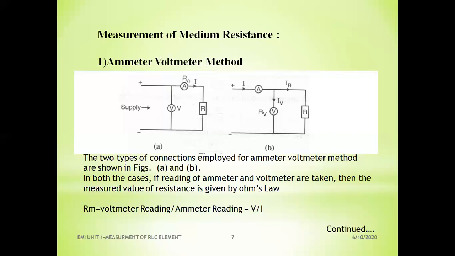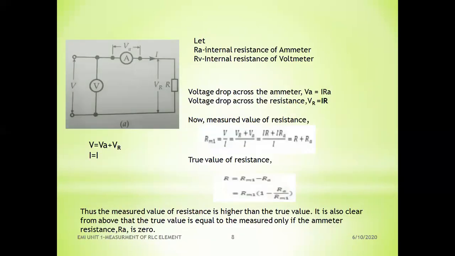Okay, so this ammeter voltmeter method works on the principle of Ohm's law, that is, resistance is equal to V by I. First we see the first method, that is, the first figure. Okay, this is our first figure.